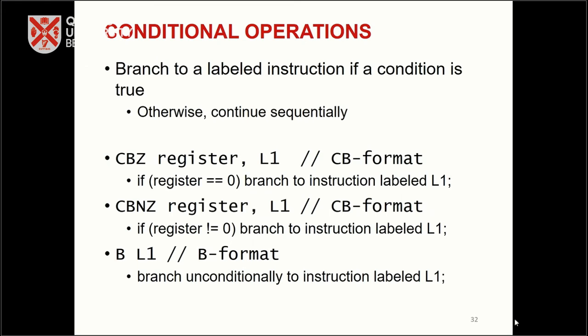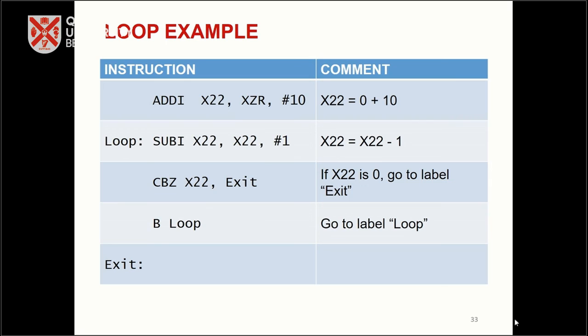So let's see an example here. We have an instruction at the beginning which is just making register 22 equal to 10. Remember that this register XZR is register 0. So then we have a label here.